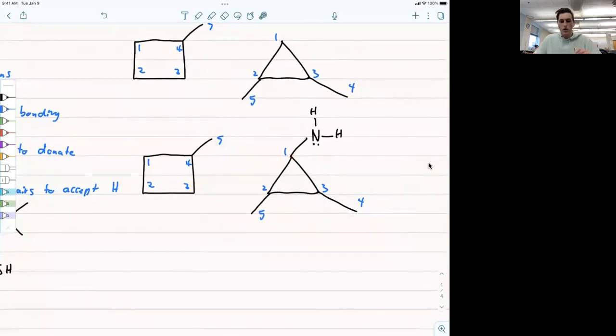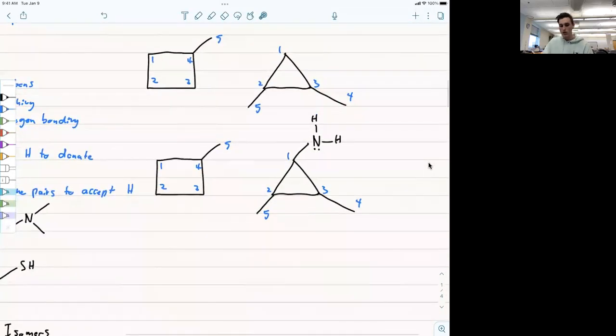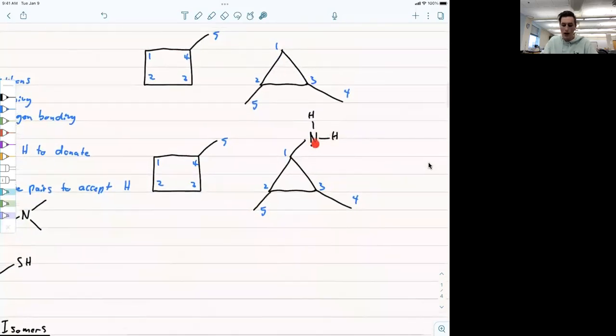We know it's a hydrogen bond donor because it has H's, and an acceptor because it has a lone pair that it can use to accept more hydrogens coming onto the molecule. So because of this hydrogen bonding happening over here, this would have a higher boiling point than this, because this has hydrogen bonding.